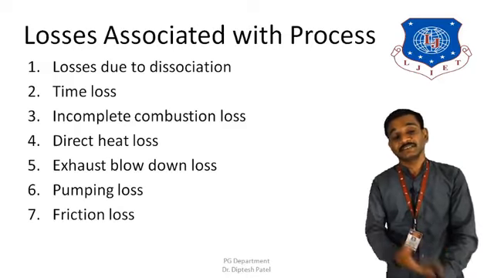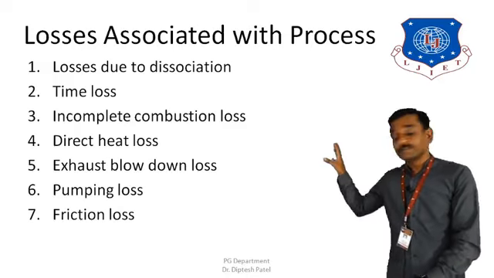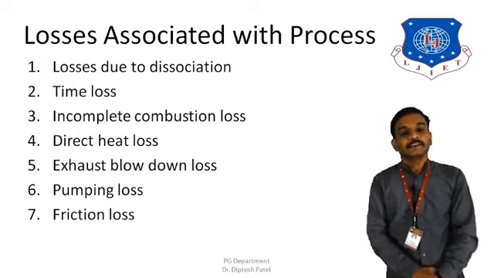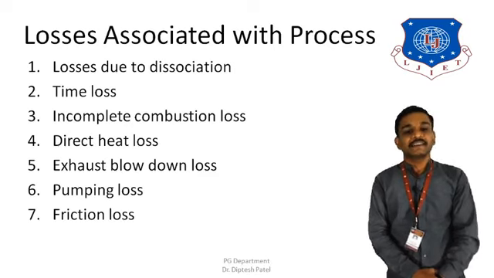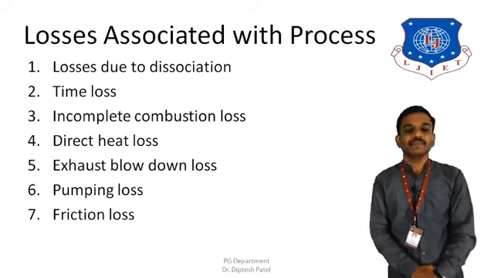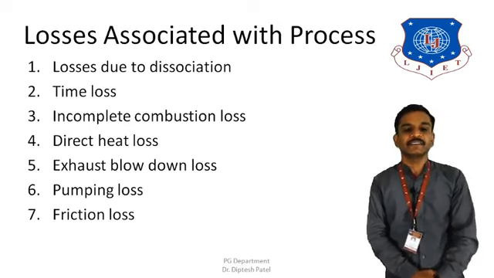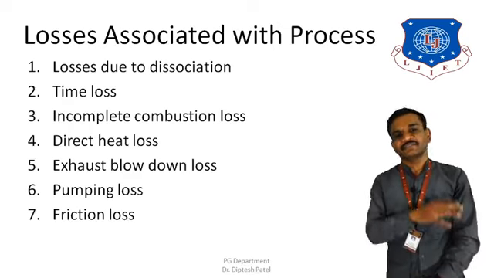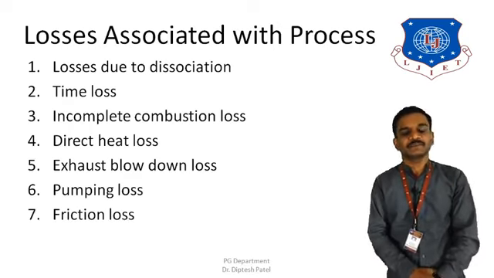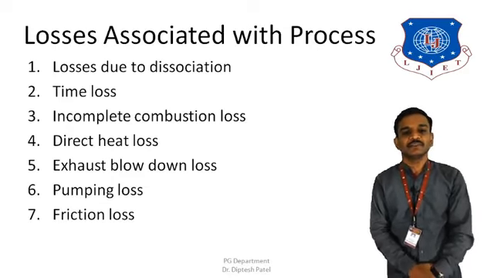We do not consider these losses in the ideal process. Then fourth one is direct heat loss. Heat is lost through various mediums, through heat transfer, through the exhaust gases. So this is also a big loss.